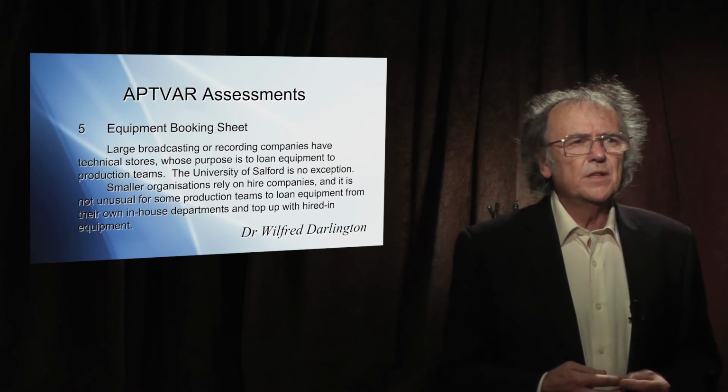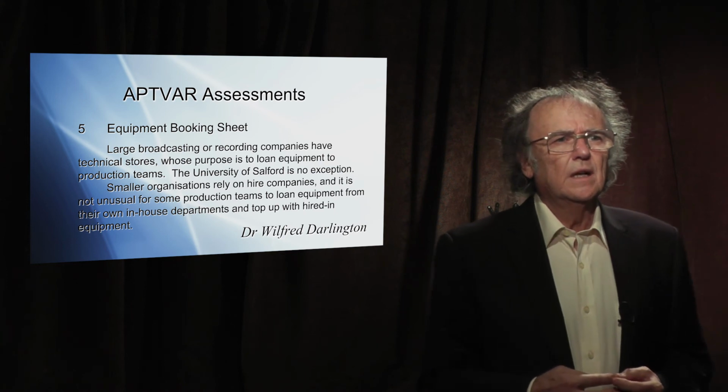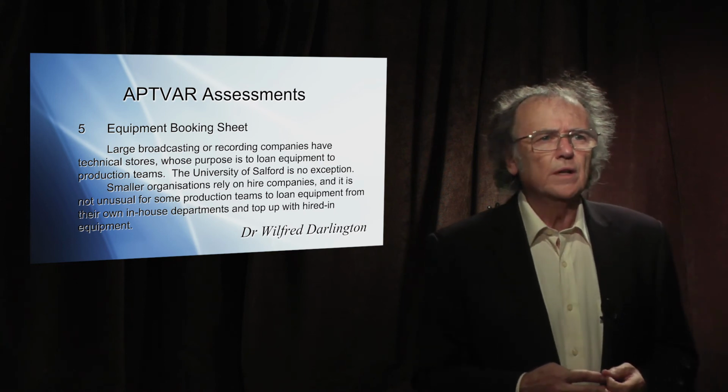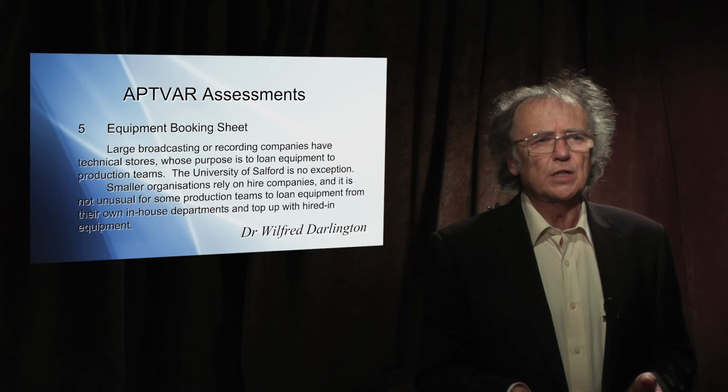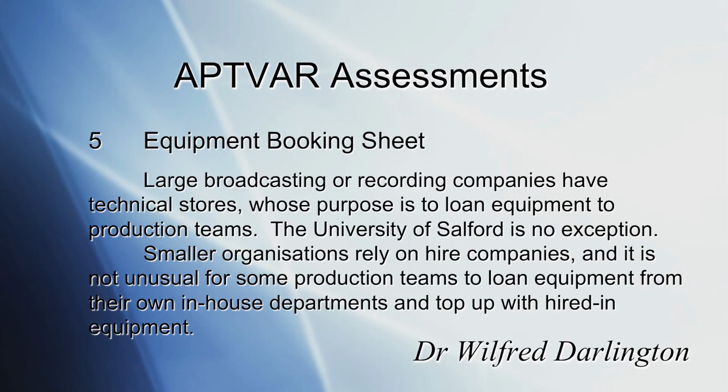Item 5 is the equipment booking sheet. Large broadcasting or recording companies have technical stores whose purpose is to loan equipment to the production teams. The University of Salford is no exception.